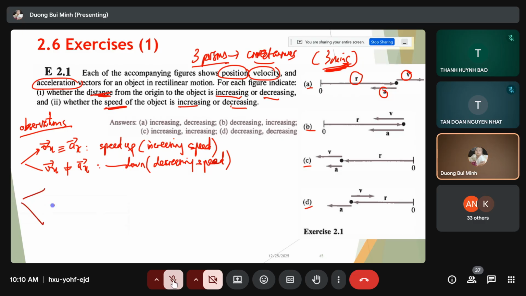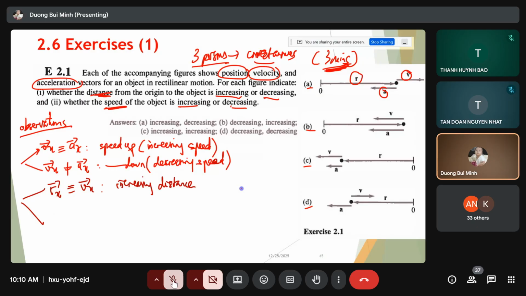Then now we consider Rx and Vx. If Rx and Vx have the same direction, we have increasing distance.